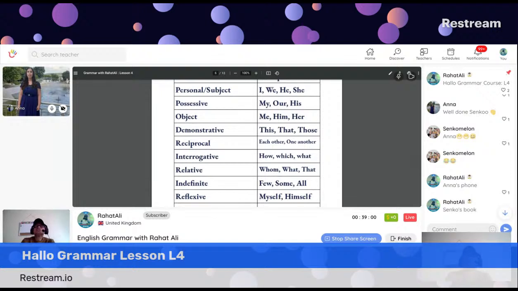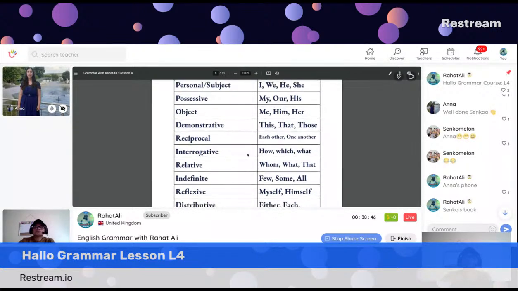When there are more than two people, we use one another, like the family members are talking to one another. That means we have more than two or three members. Exactly right. This is the way you can remember one another and each other.